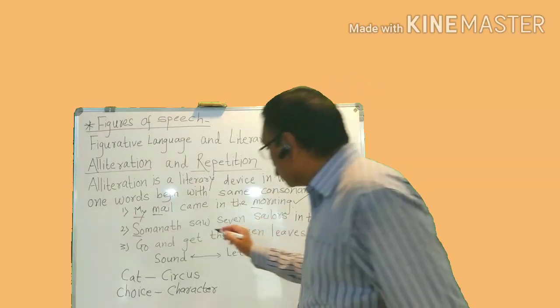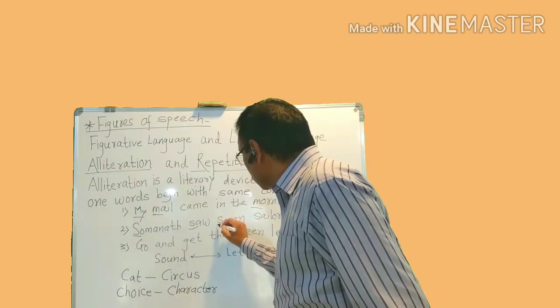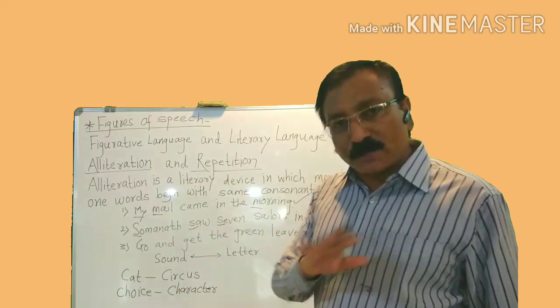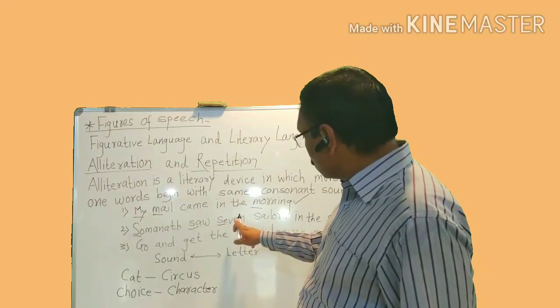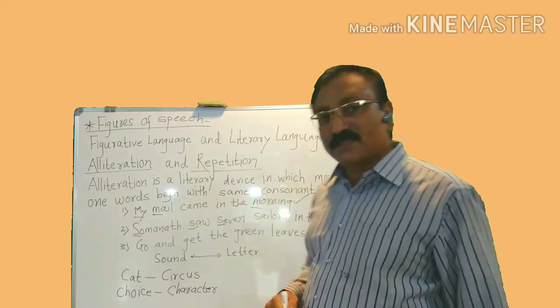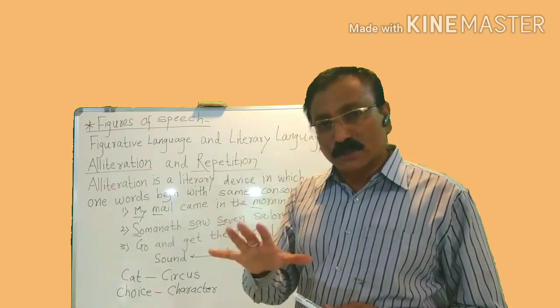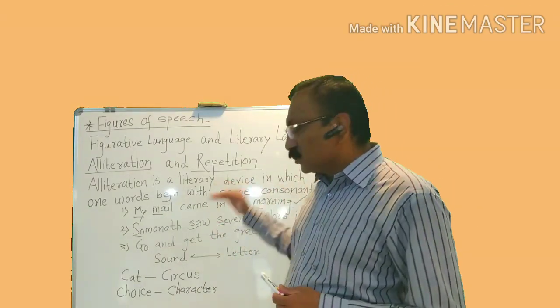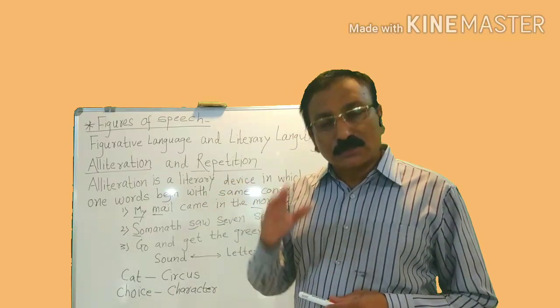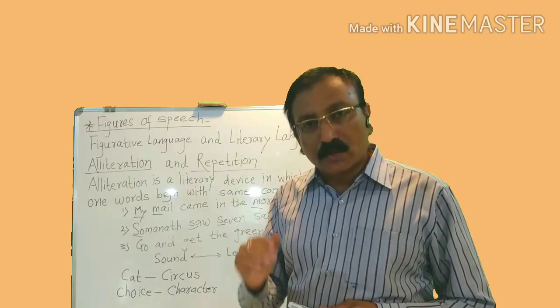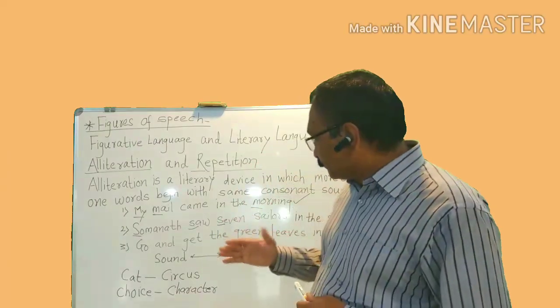The third word, seven, also begins with the sound s, and the fourth word, sailors, also begins with the same sound s. Therefore, this sentence is also an example of alliteration.